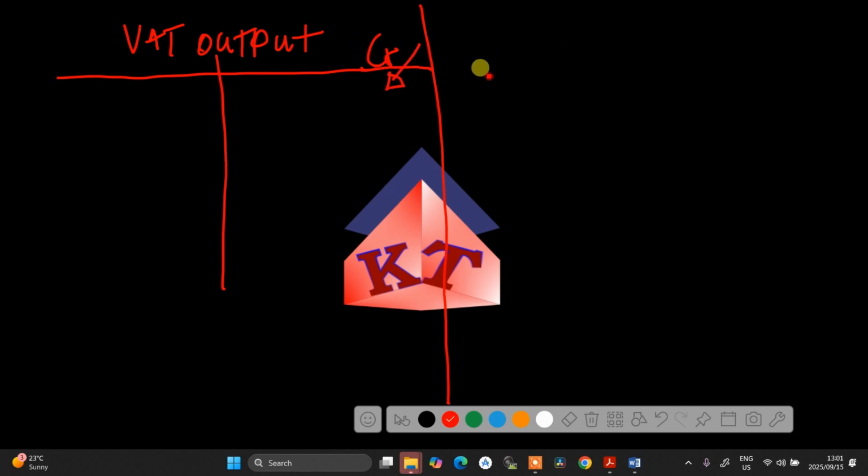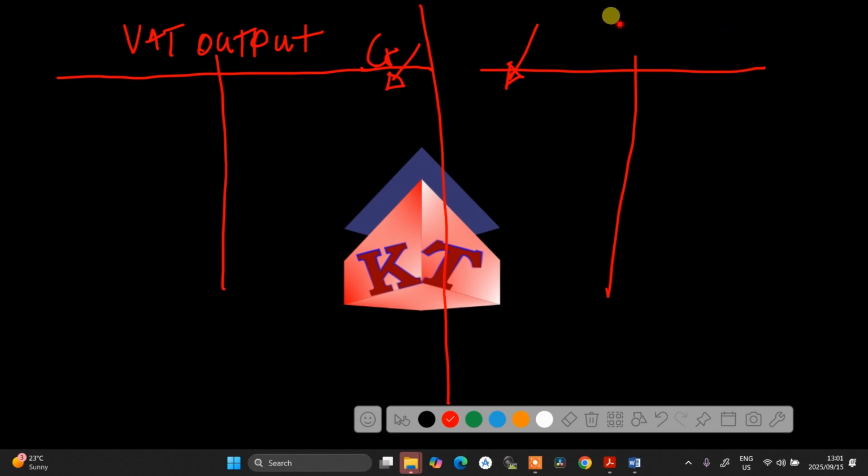In terms of the VAT Input Account, this is an asset, okay? So, in terms of assets, whenever assets increase, we debit the asset account, and whenever our assets decrease, we are going to credit that asset account.